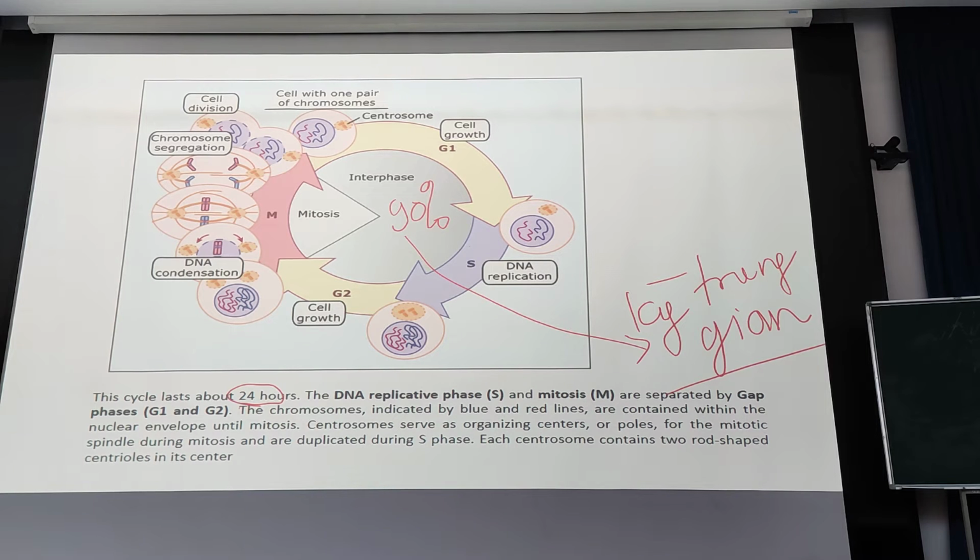There is cell growth 1. Then we turn to DNA replication in the S phase, and then we have cell growth 2. Here you can see the centrosomes, DNA replicates, and the centrosome replicates. By the end of the S phase, we have DNA duplicated, and the centrosome duplicated also.